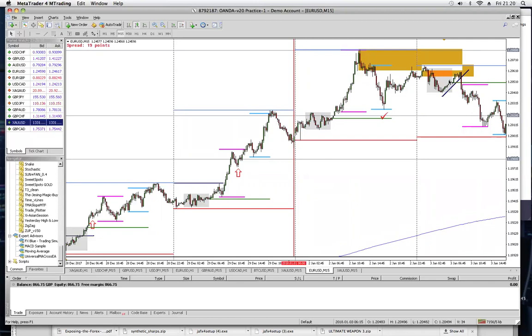We always try and sell when it's going up and buy when it's coming down, which is completely different to what people think. We try and sell into this up move, which is into this block here, and then we sell off.